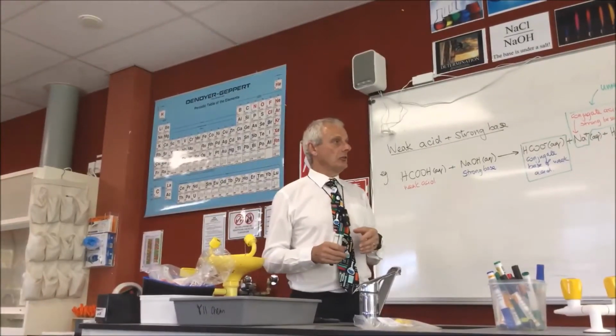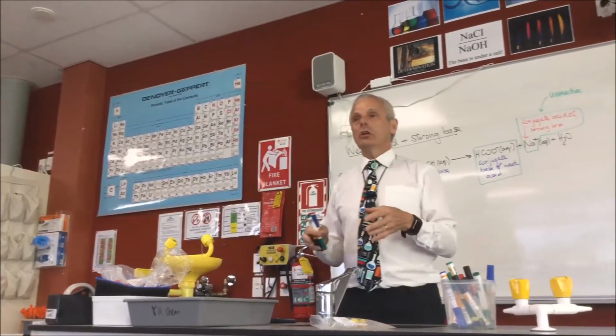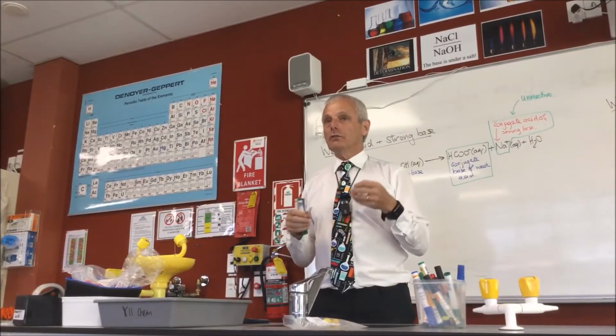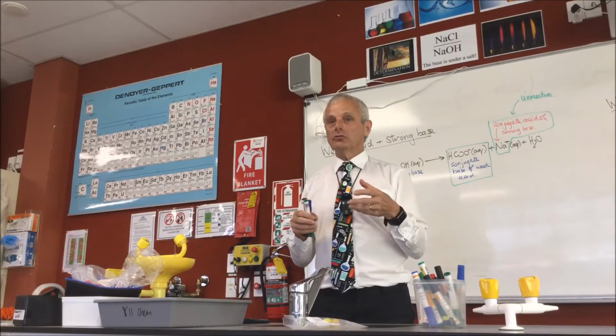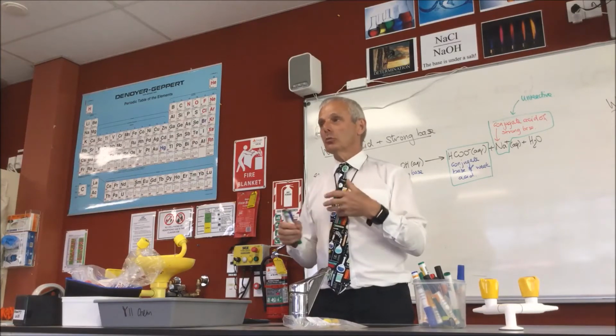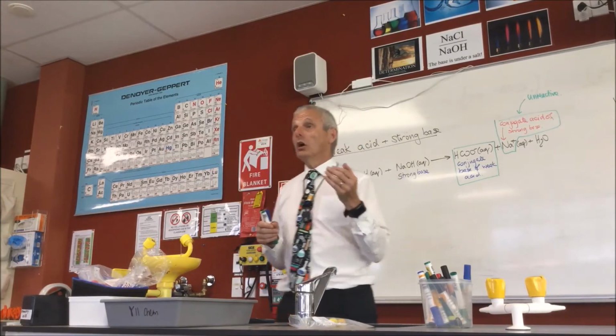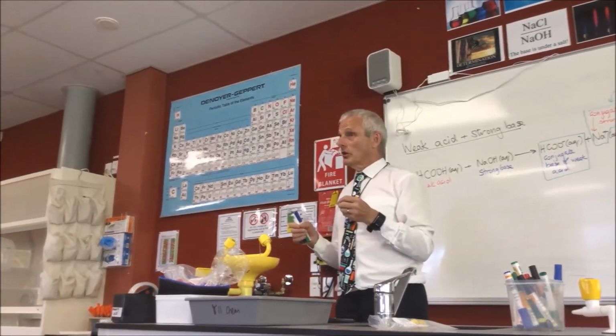In the last lesson, what I covered was the fact that if you look at strong acids, strong bases, weak bases, you add them to water, you form the conjugate. Okay?